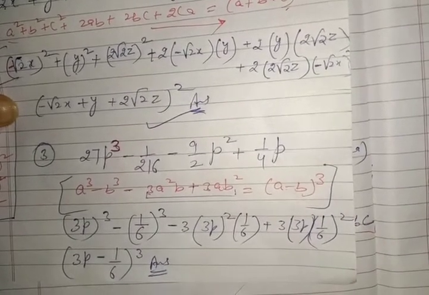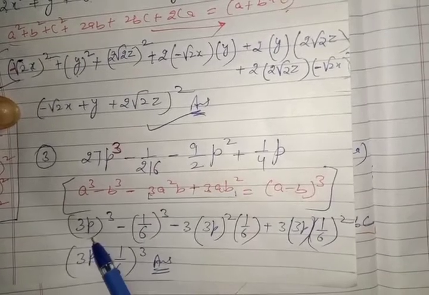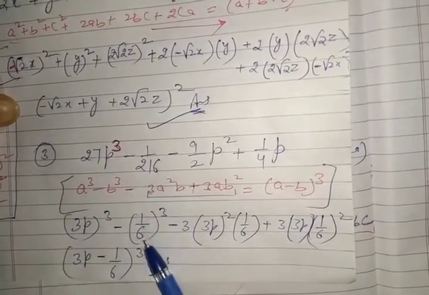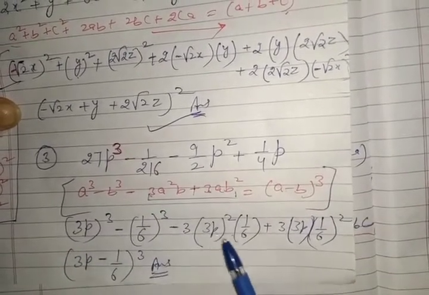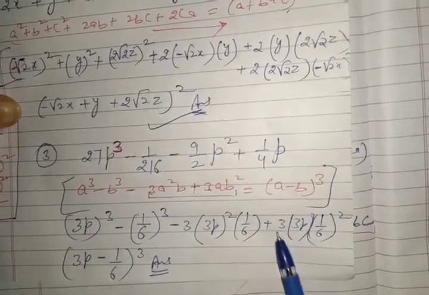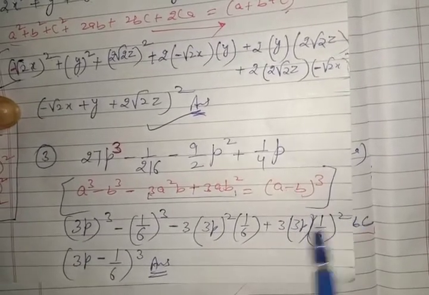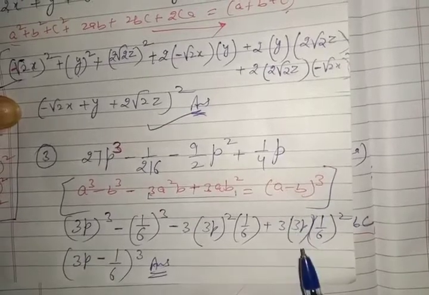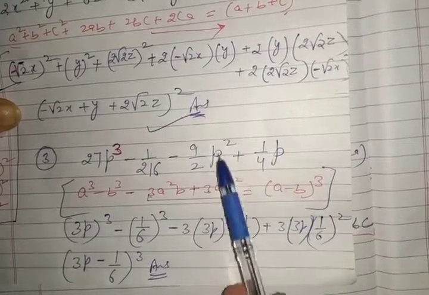Now you will get full marks. We have shown this as a cube, this as b cube, this has 3a square b and this has 3ab square. You can check by expanding it again; you will get the same terms.